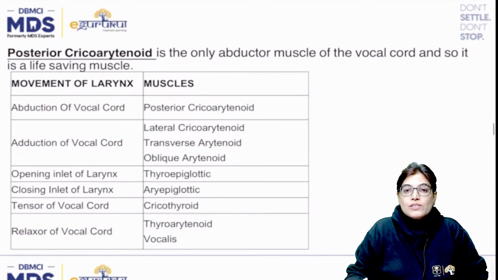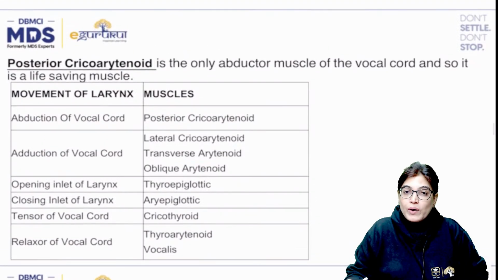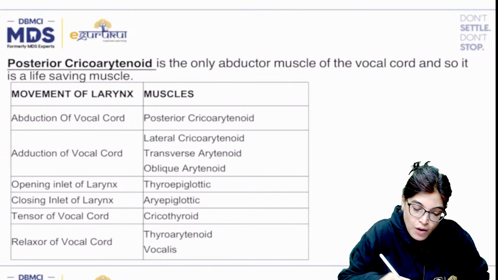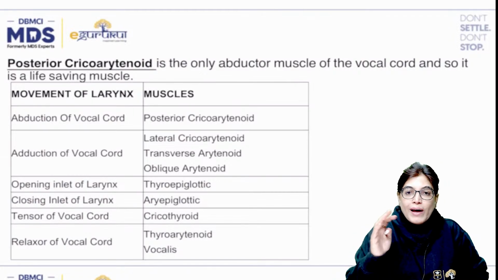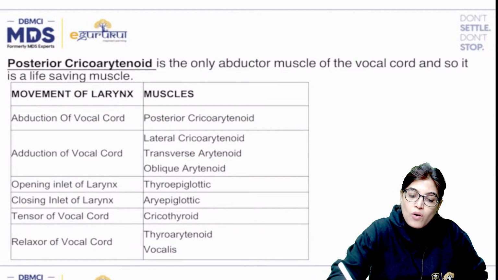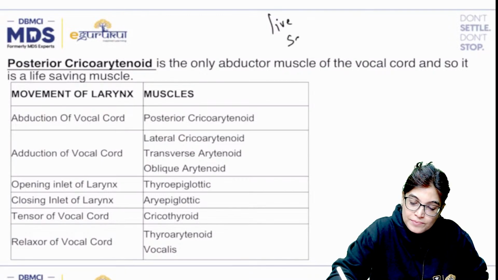I just want my dear students to have a quick recapitulation of the movements of the larynx and the muscles responsible for these movements. Abduction of the vocal cord: posterior cricoarytenoid is the only muscle which is abducting the vocal cord. So it is called the life-saving muscle.